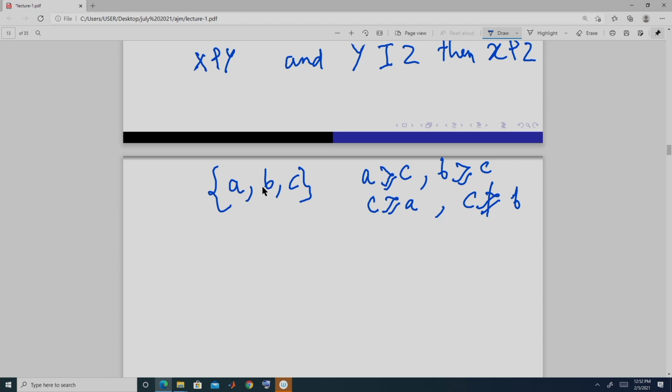We do not know the relation between A and B, whether A is at least as good as B or B is at least as good as A.